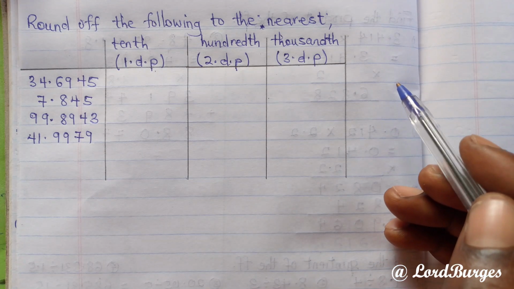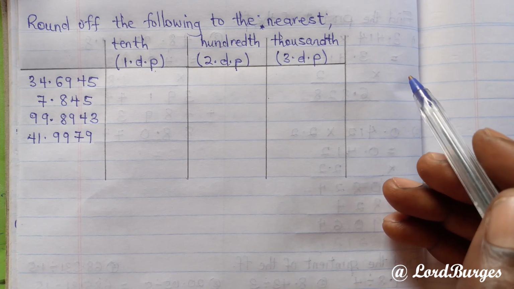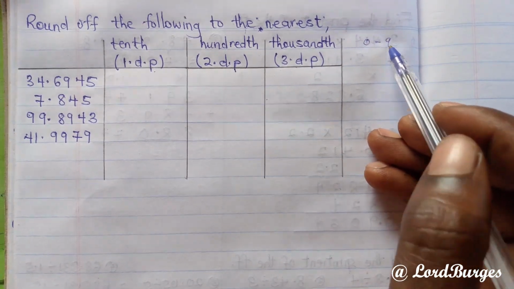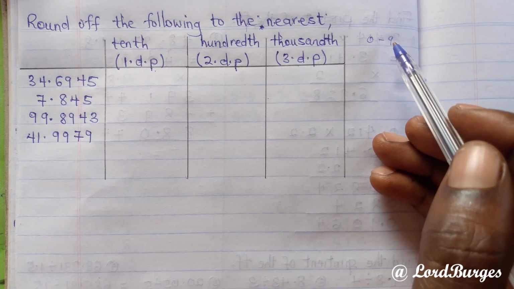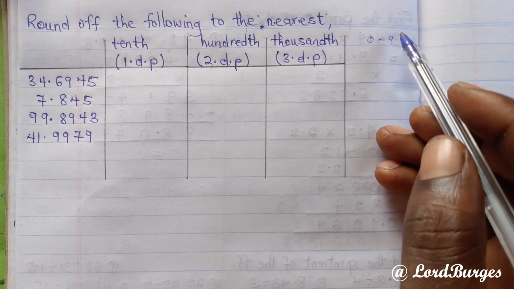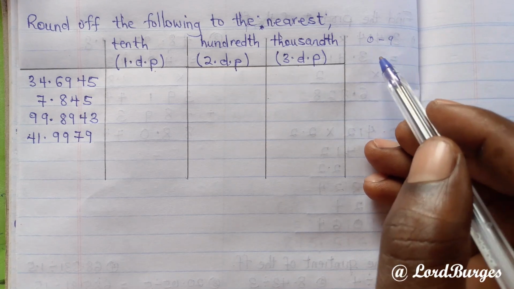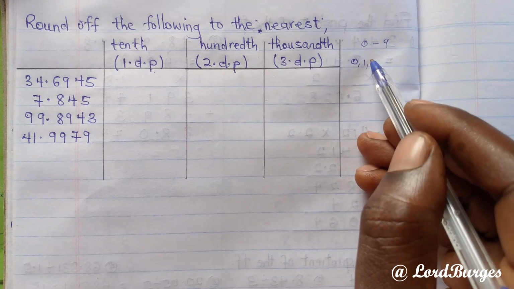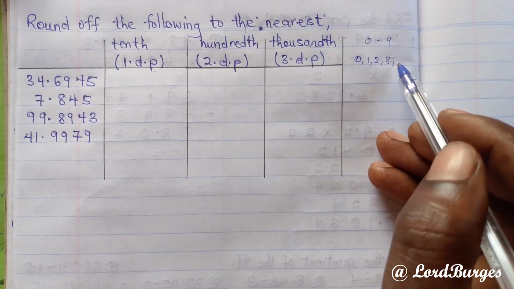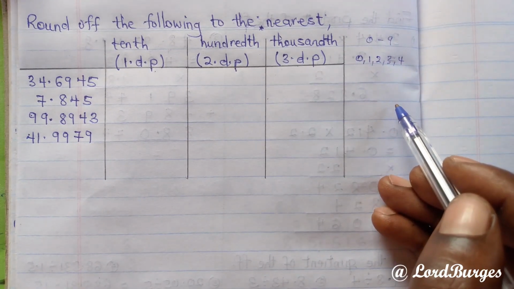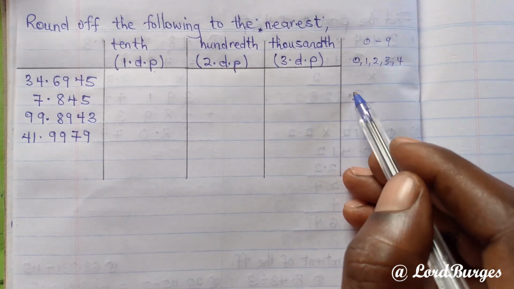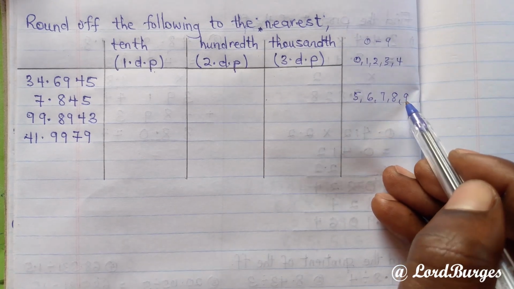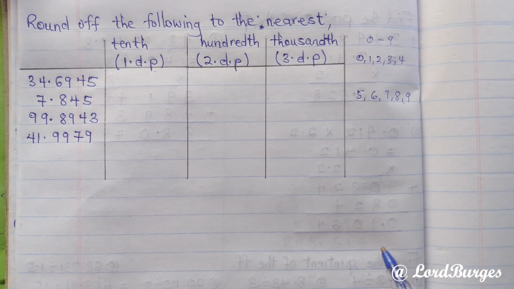Now, when you take the Hindu-Arabic digits, that is from 0 to 9, there are 10 digits, and they have been grouped into 5. That is 0, 1, 2, 3, 4 as the first, then 5, 6, 7, 8, and 9 as the second.